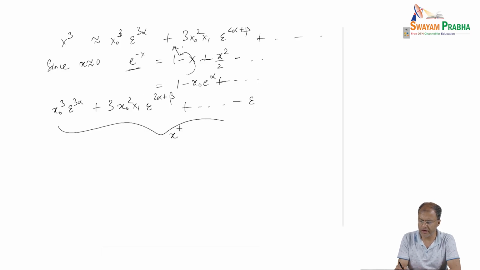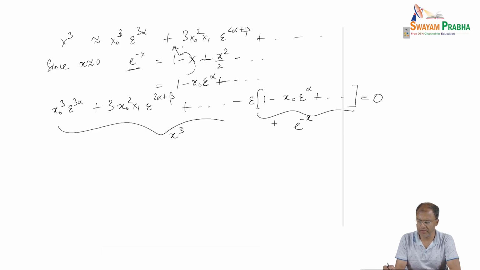This is the expansion of x cubed, and now we put in the expansion of e to the power minus x: 1 minus x0 epsilon to the power alpha, and so on. This is the expansion of e to the power minus x using the power series expansion of x. Now this is set equal to 0.